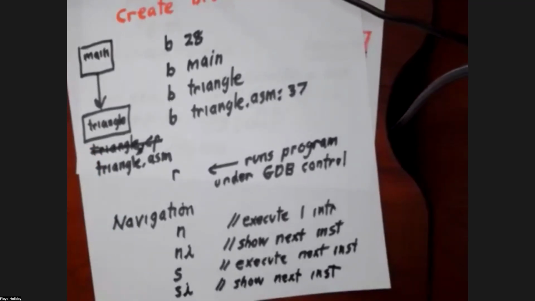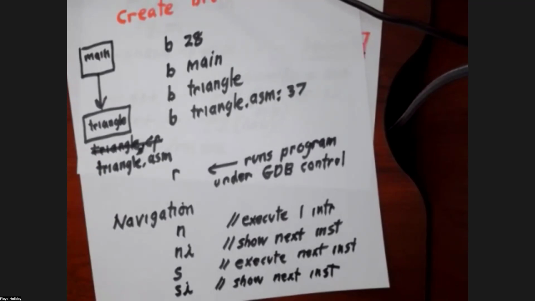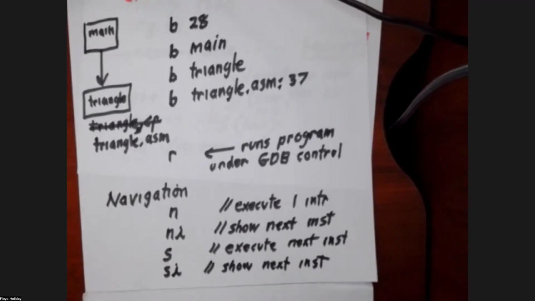And C for continue means execute continuously to the next breakpoint. Then it will stop and wait for your interaction with the system. And Q is quit the program.